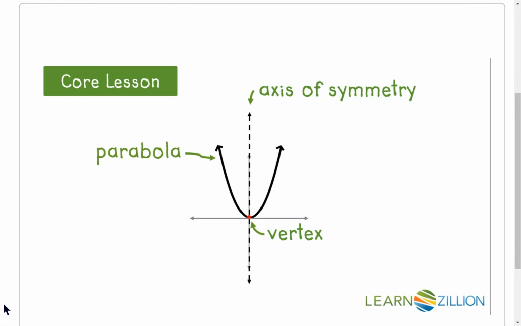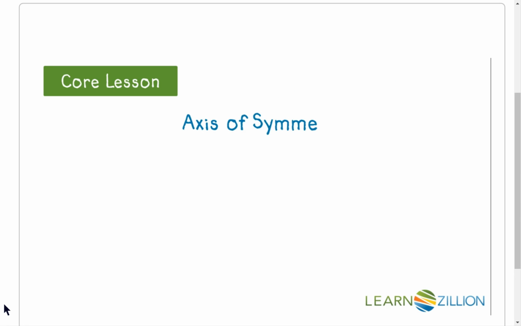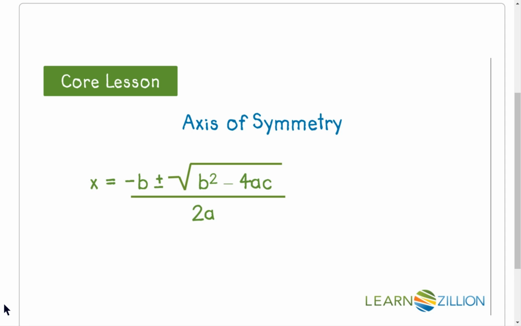And the vertex is the place on the parabola where the graph turns around, meaning it's going down and then starts going up, or it was going up and starts going down. The vertex is the bottom or the top of that curve. The axis of symmetry is derived from the quadratic formula. It is x equals negative b over 2a.